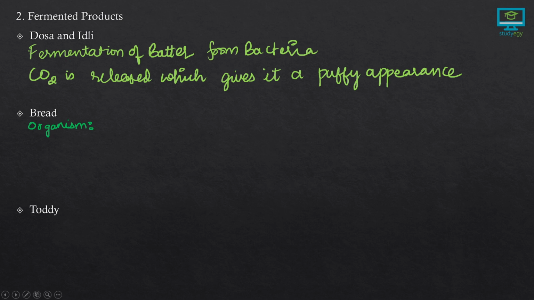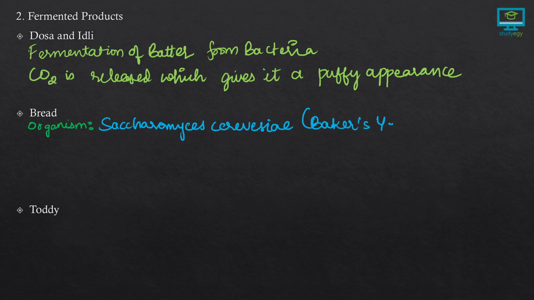Next, coming to the bread, the organism used in bread is called Saccharomyces cerevisiae. This is also called baker's yeast in this case. Baker's yeast, or Saccharomyces cerevisiae, ferments the dough.